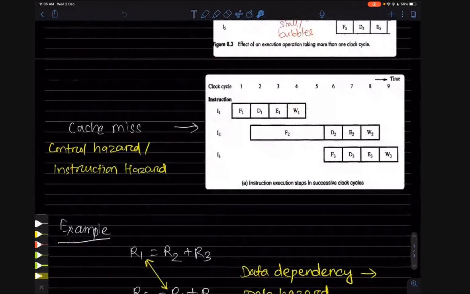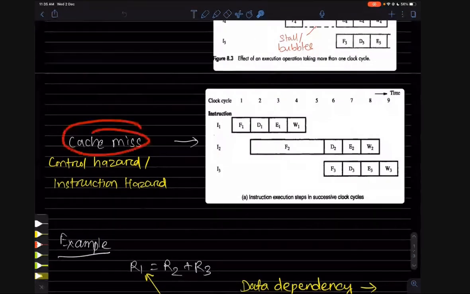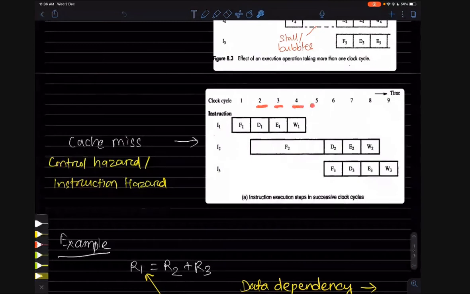There might be a condition when there is a cache miss. If there is a cache miss, it will take a long time to fetch. So how many clock cycles are wasted? 1, 2, 3, 4. So it takes 4 clock cycles instead of 1. That means the other instructions cannot be fetched. They have to wait till the fetch of the previous instruction is over. So that's why we got this many bubbles.